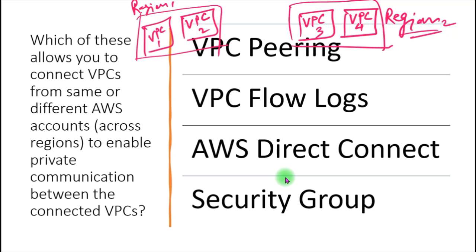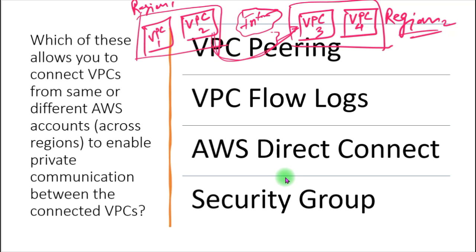Sometimes we want to connect these VPCs so our communication will be faster and private, even though they are located in different locations. We don't want our communication to go through the internet. It should go directly.